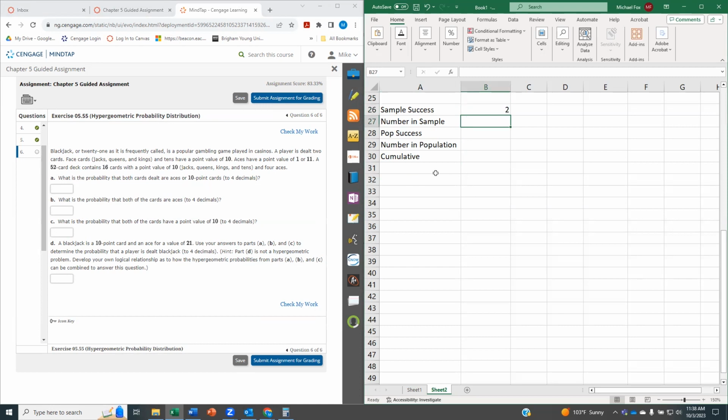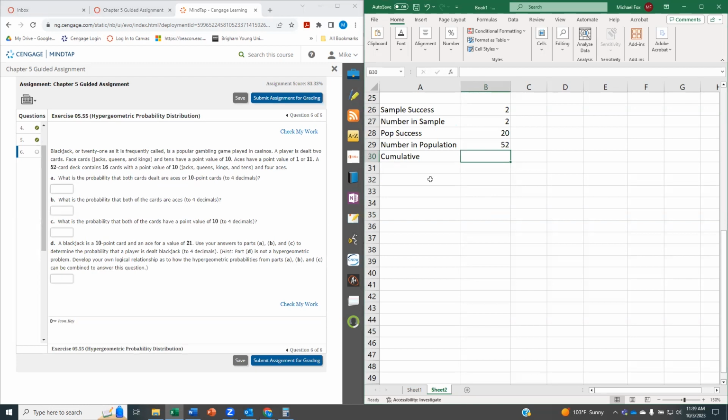So we're going to say out of drawing 2, we want to get 2 successes out of 2 cards we draw. And in this case, we define the successes as the cards being either a 10-point card or an ace. So the number of successes in the population, well, if there's 16 10-point cards and 4 aces, then there's 20 successes out of a population of 52 total cards.